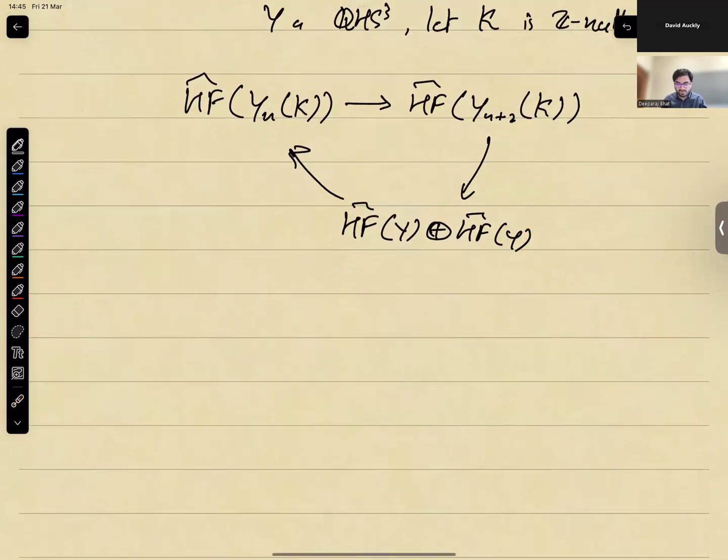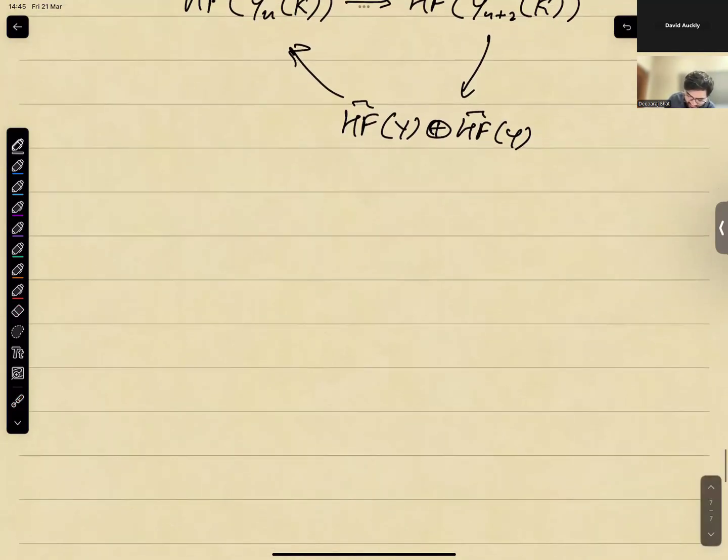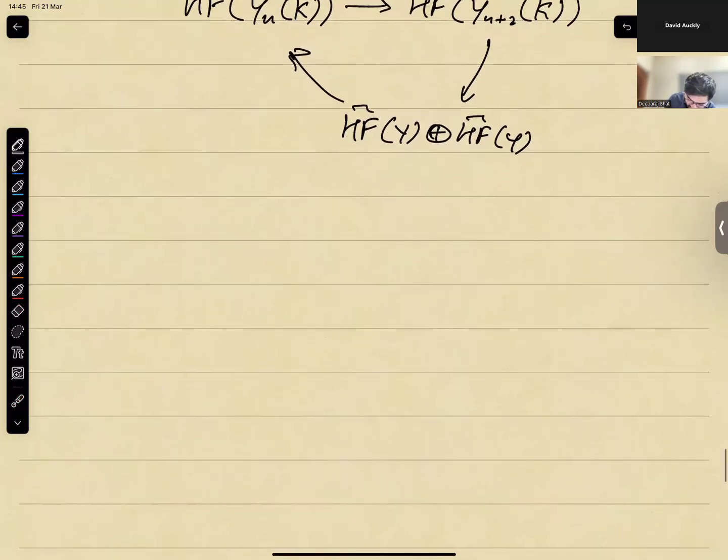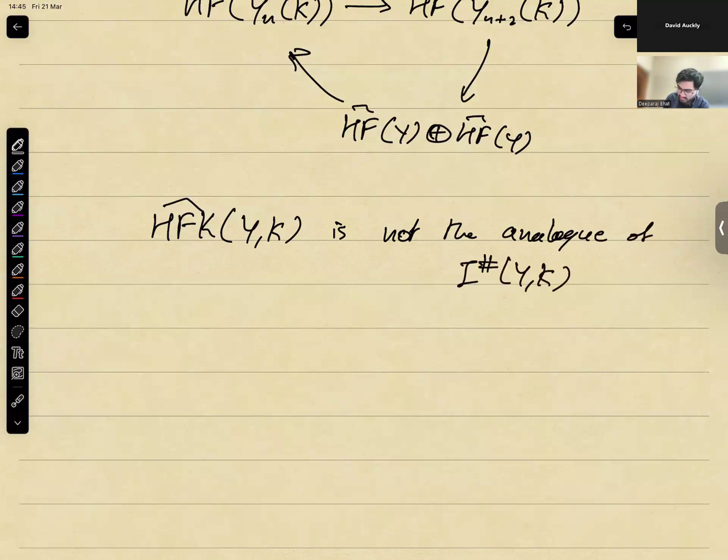Now, what I want to mention is that there is a version of knot homology in Heegaard-Floer theory. This is the analog of I sharp of (Y, K).